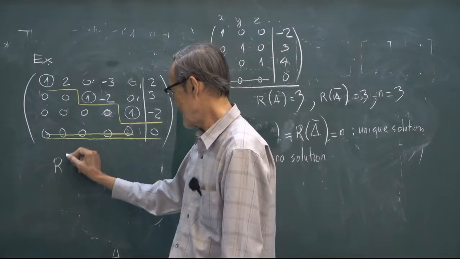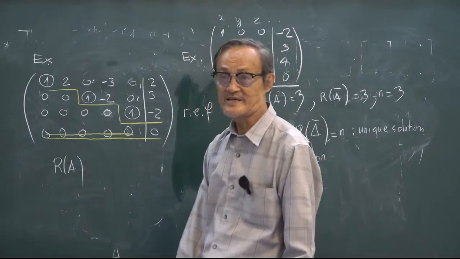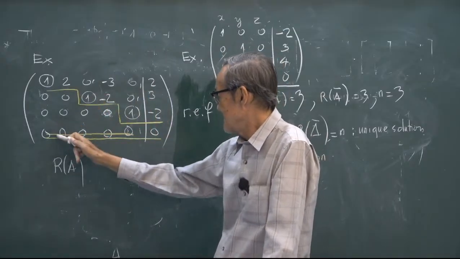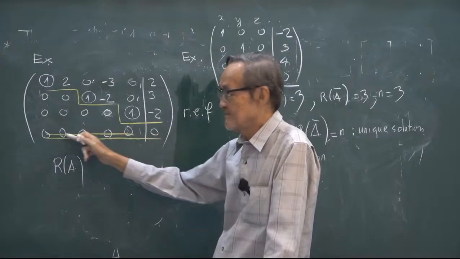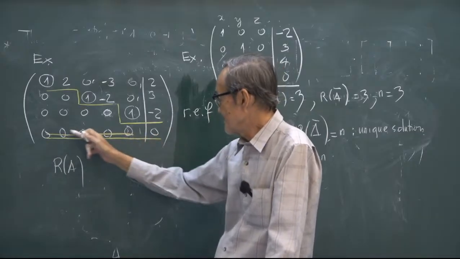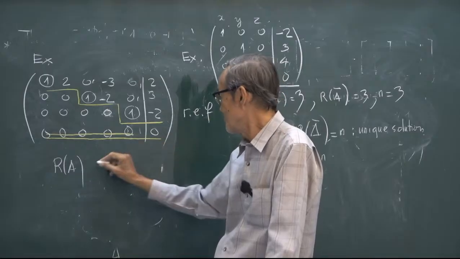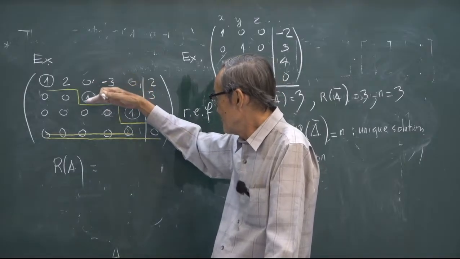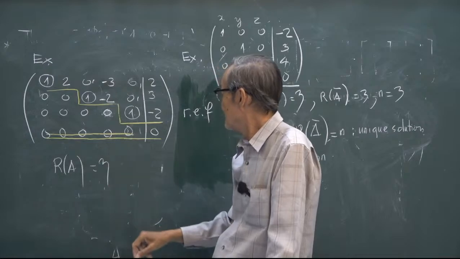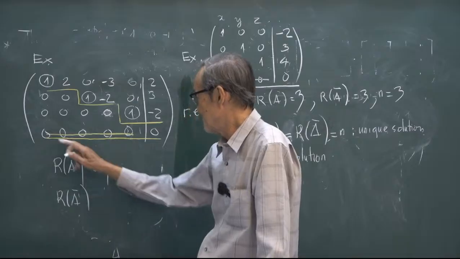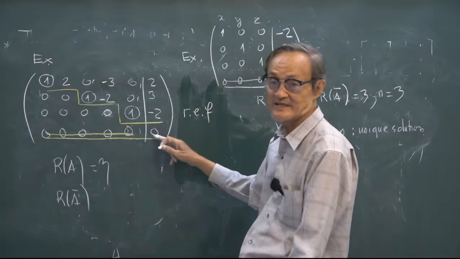Now, rank A, left-hand side. Don't count this because it's 0. We have 1, 2, 3. Rank A upper bar: don't count this.